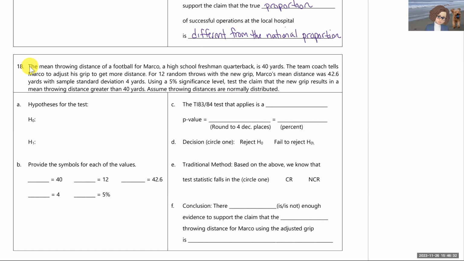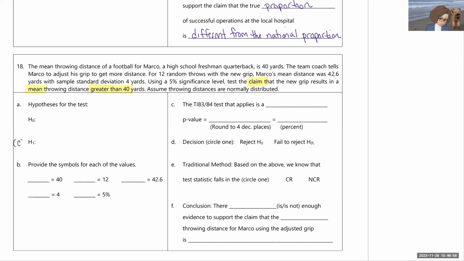Using a 5% significance level, test the claim that the new grip results in a mean throwing distance greater than 40 yards. All right, so let's get our claim. I didn't highlight mean there, but we're talking about mean, mu. All right, so now we're talking means.